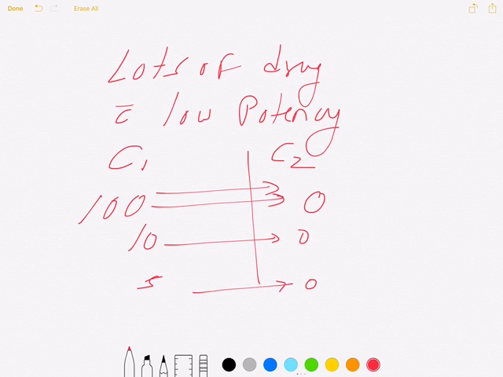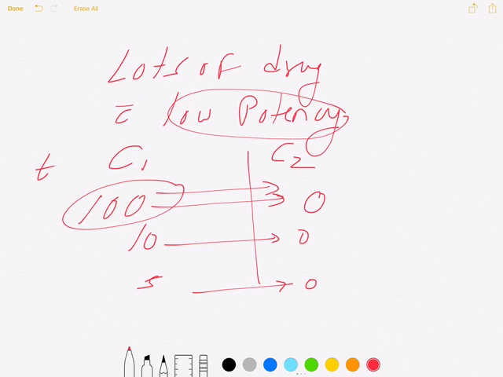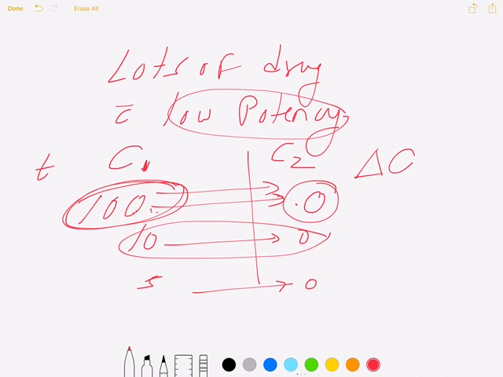So for drugs that have low potency, you give a lot of drug, and at time t equals 0, the concentration in the extracellular space, in the blood, is what you have given IV or whichever route, and the concentration at the target site is 0. So with low potency drugs, you give a lot of them, so there's an initial high concentration gradient. With more potent drugs, there's initially a smaller concentration gradient.